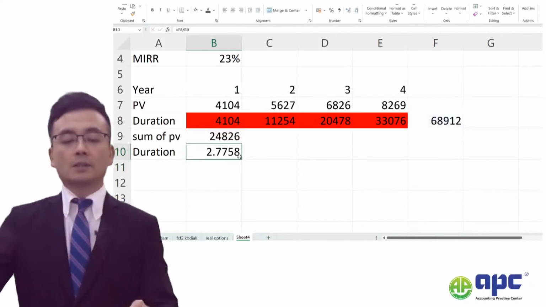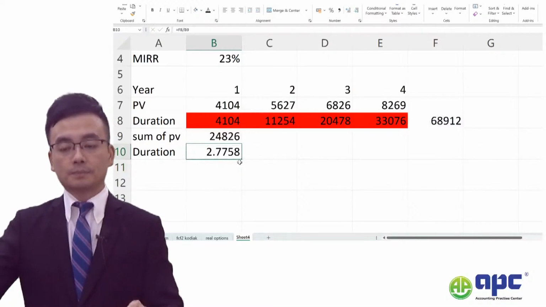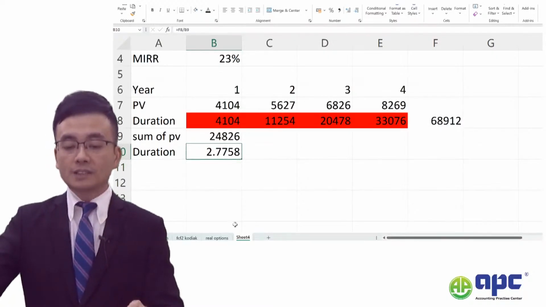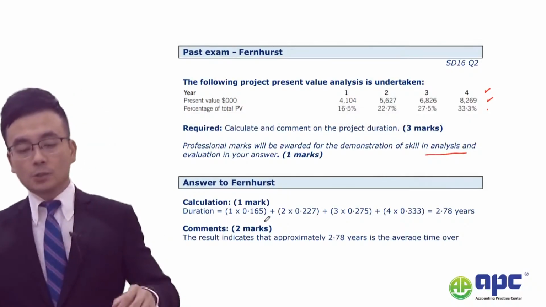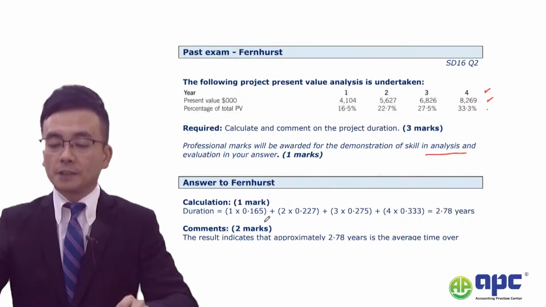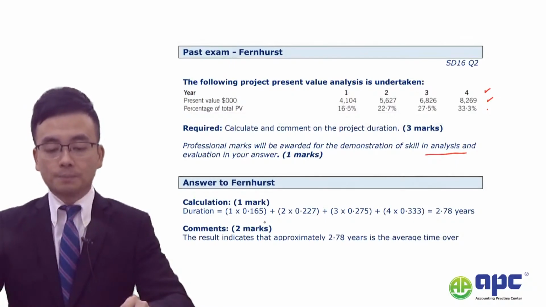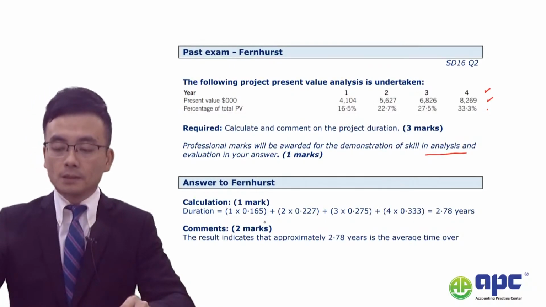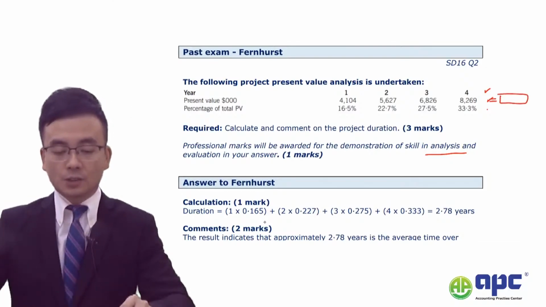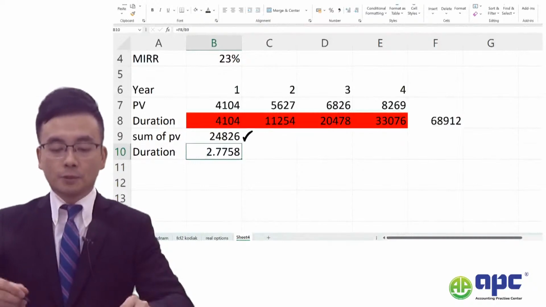That will give me 2.77 years. Of course, that's exactly the same as we can see in the percentage of total present value, because all we would do is see the sum of the present value, and in this case the sum of total present value is 2486.